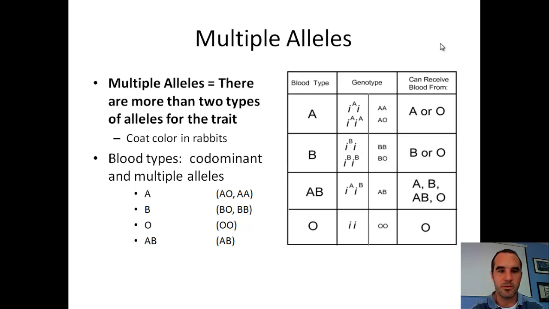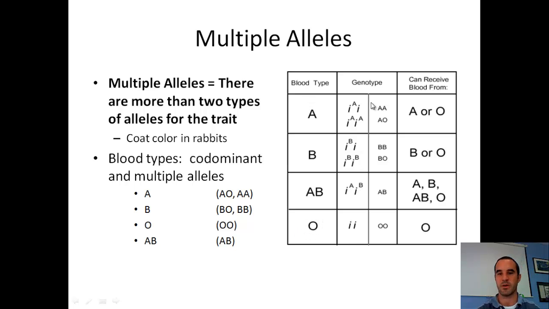One way that this could happen would be coat color in rabbits. Another example would be blood typing, where you've got kind of a mixture actually. In blood typing, you've got codominance and multiple alleles. So A and B are codominant, and O is another allele that's recessive.